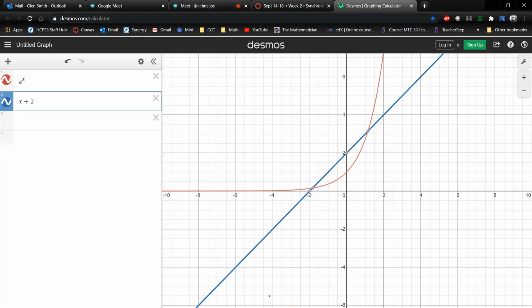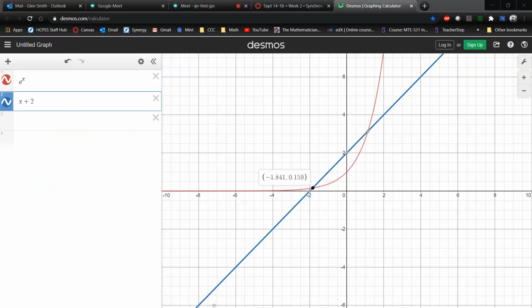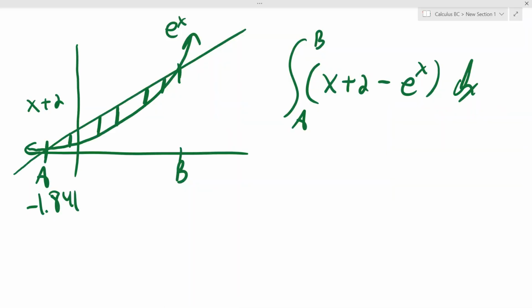It doesn't matter. I'm telling you, the intersection here is negative 1.841. So this is negative 1.841. But the y value there is what I really want to know too, is 0.159. Cool, comma, 0.159. So that's that point there.